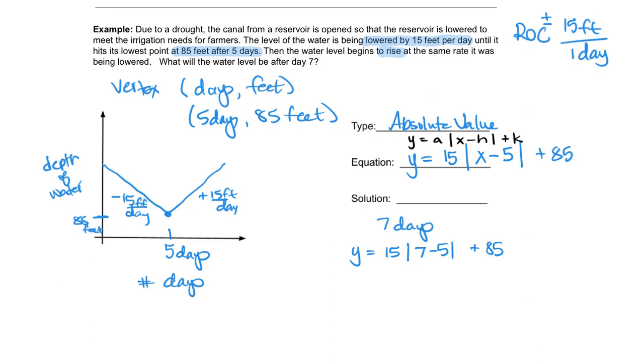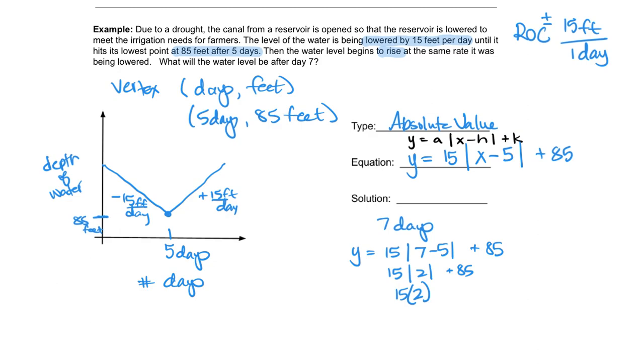Most calculators don't have an easily found absolute value button, so we'll simplify this together. The absolute value of 7 minus 5 is 2, or the absolute value of 2 is 2. The absolute value is just the distance from 0, so if it's positive, it stays positive.